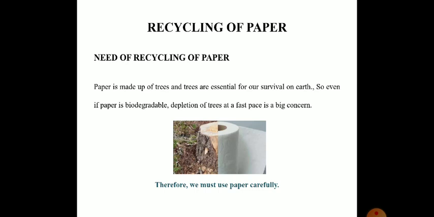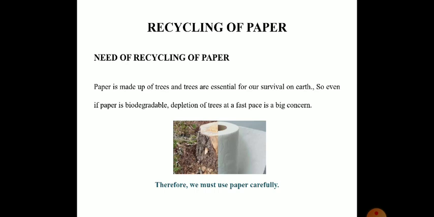So even if paper is biodegradable, depletion of trees at a fast pace is a big concern. As we know, in our daily life we require paper. We are in the practice of using paper in so many activities of our life. For example, if we are studying, we require paper. In office work, we require paper.